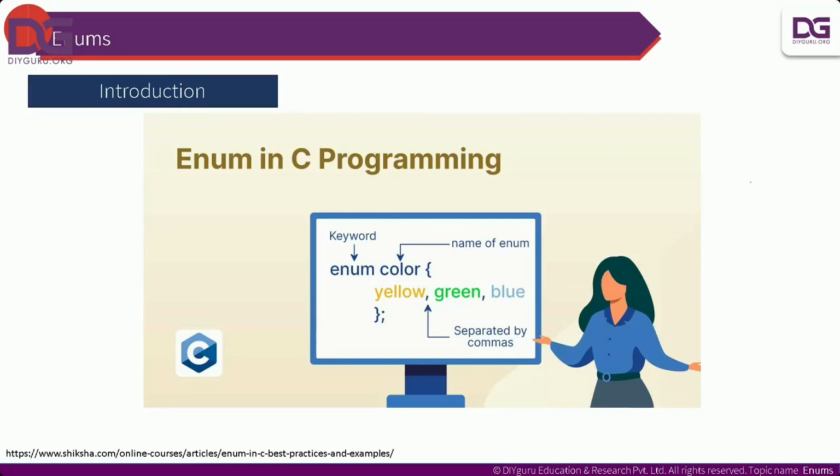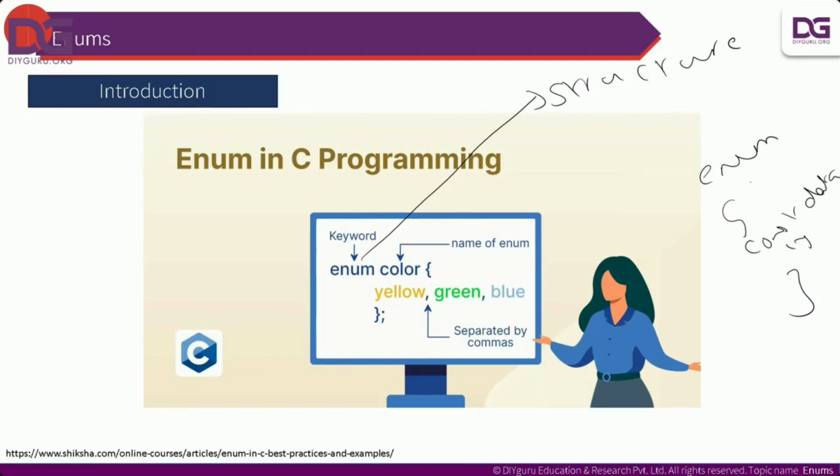So this is your introduction. Here you can see enum is the keyword. Enumeration generally means a kind of data type that consists of a set of constant values, which means it's purely a constant type. It's kind of like a structure but a limited one, where we use the enum keyword for a collection of constant data types, which are integers.